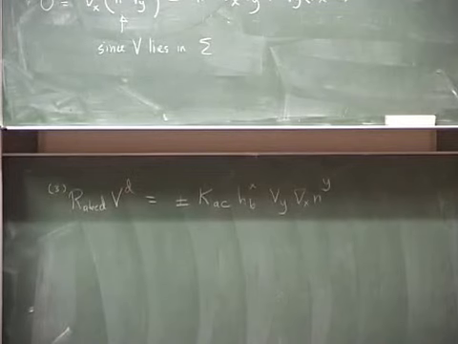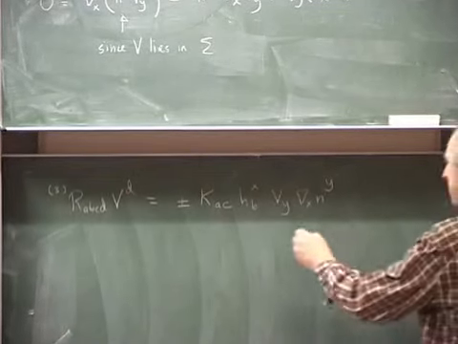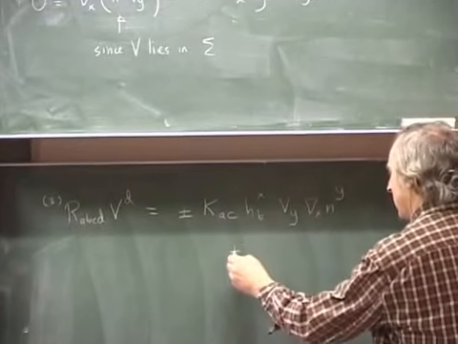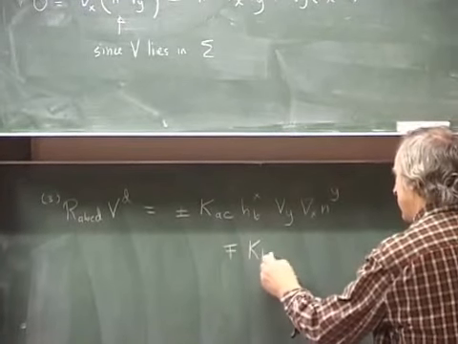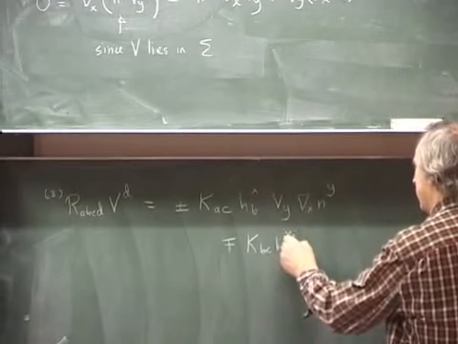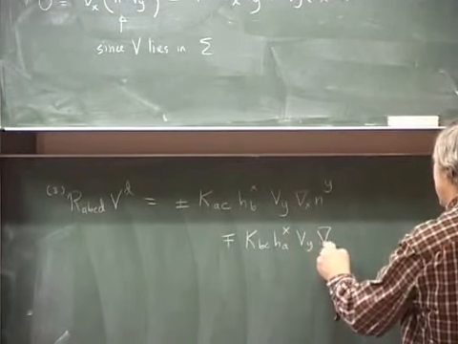Then you have the same thing with a and b swapped round, opposite sign. So you get minus or plus K_bc h_a^x v^y del_x of n_y.